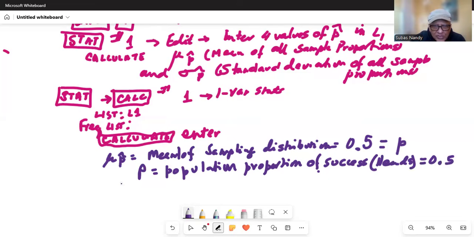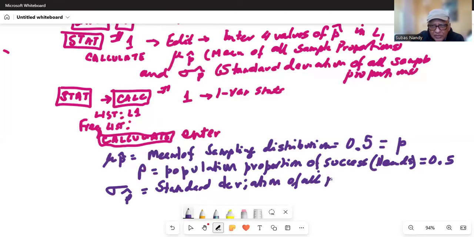But what about sigma p hat? That is the standard deviation of the sample proportions. The standard deviation of all p hats, according to the calculator, is sigma x equal to 0.3535.